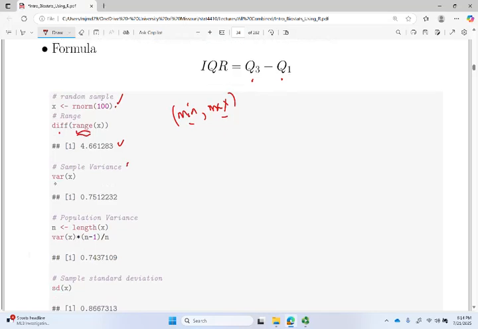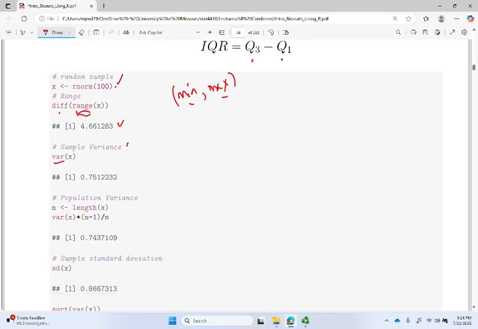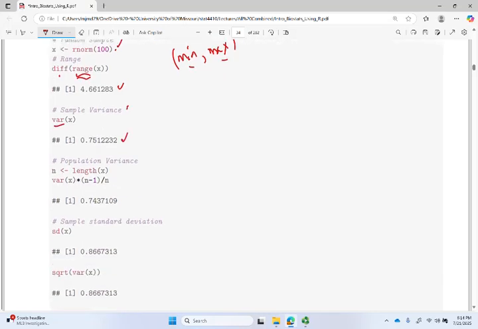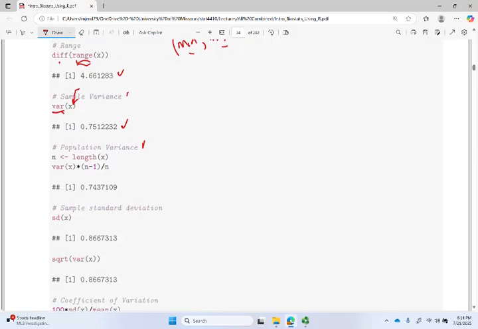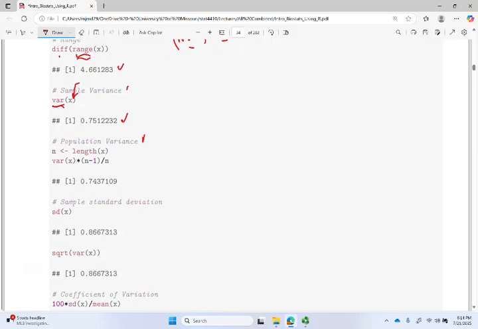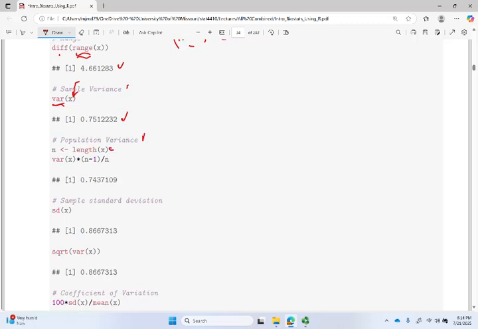Now the sample variance, we just use the var function and we get 0.75. Now to calculate the population variance, R doesn't have an argument to say divide by n, not by n minus 1 adjusted for bias. So you have to trick it in a sense. Let's find the length of our data set, how many observations we have.